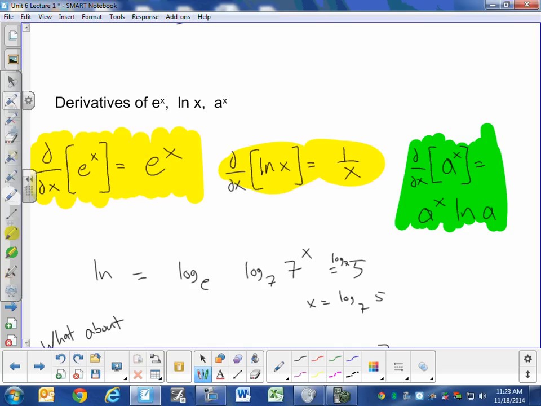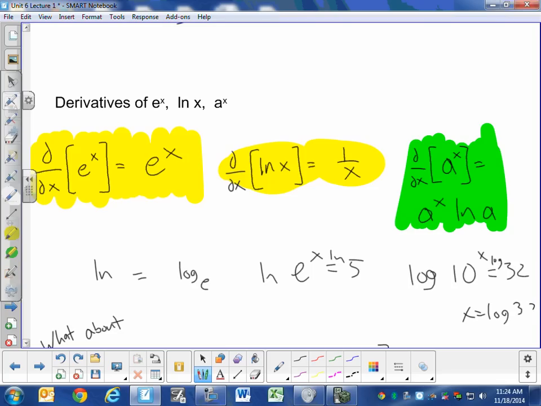And we'll go into how you can find that, but the log button that's just log stands for log base 10. So if I have e to the x is equal to 5, I use natural log on both sides. But if I had something like 10 to the x is equal to 32, I would use the log button on both sides to get that x is equal to log of 32.